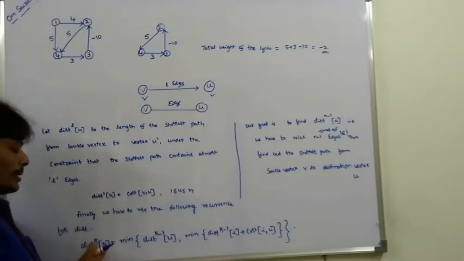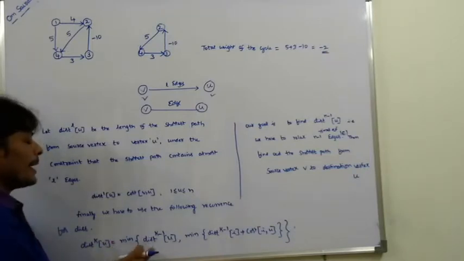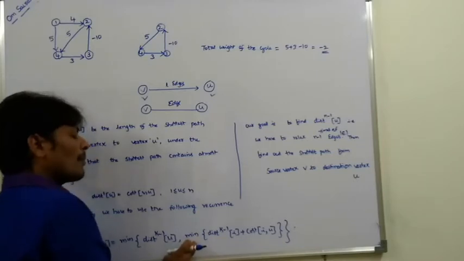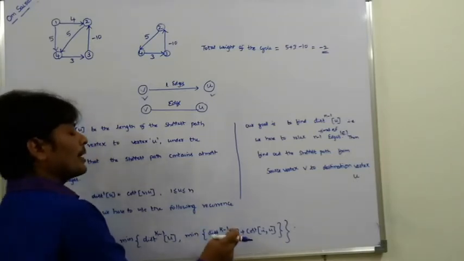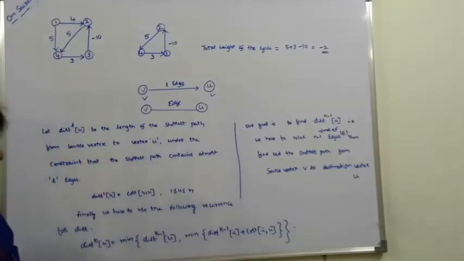dist power K of U is equal to minimum of dist K minus 1 of U, comma, minimum of dist K minus 1 of I plus cost of I, comma, U. So what is the meaning of this?